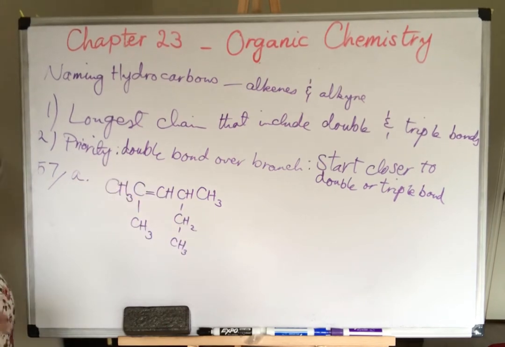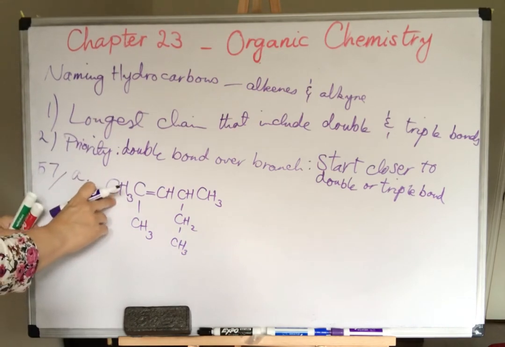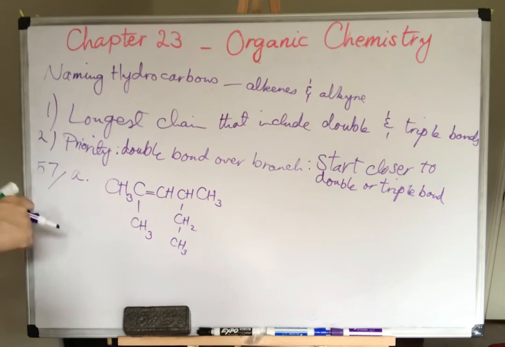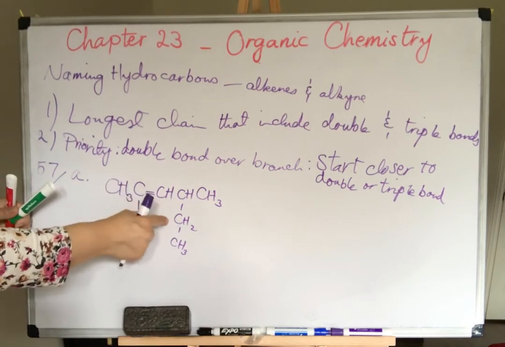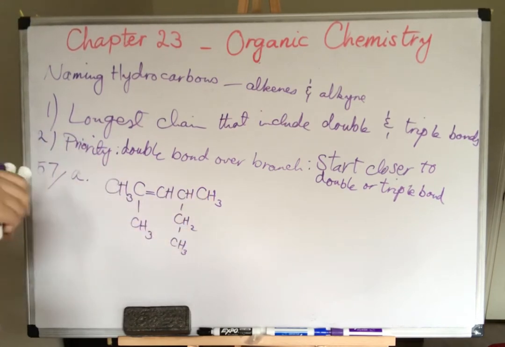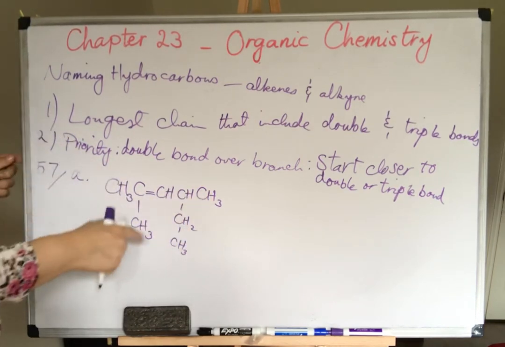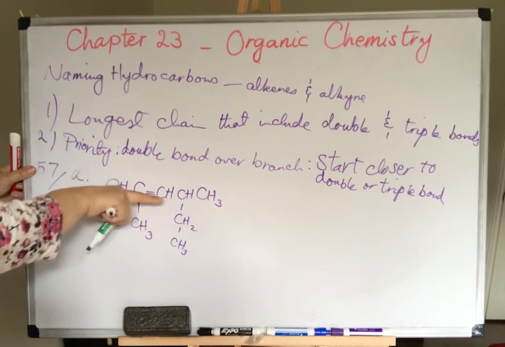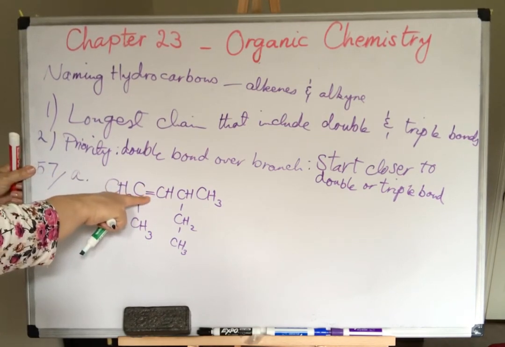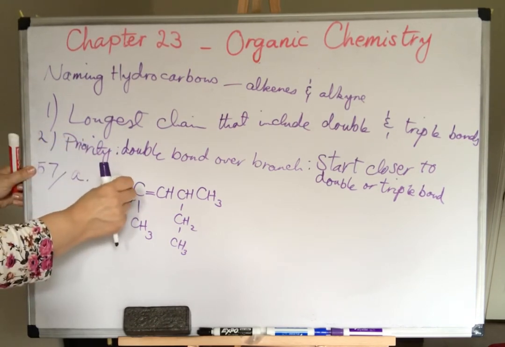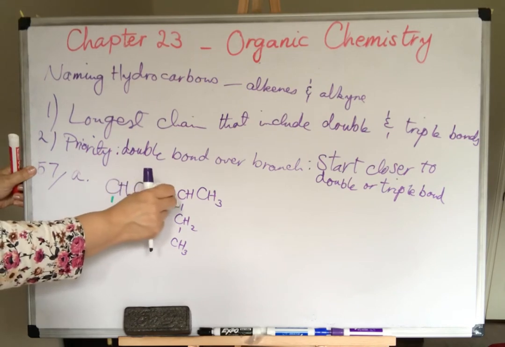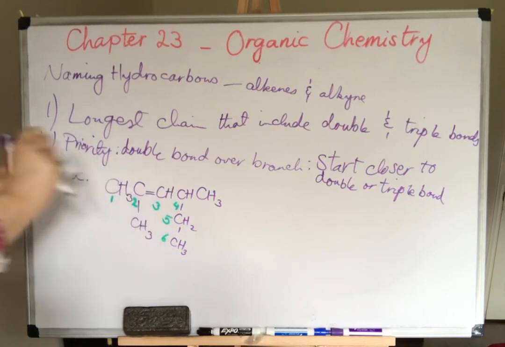So let's determine the longest chain that contains the double bond. If you go with a straight chain, it would be 1, 2, 3, 4, 5. If we go with this chain, non-straight, we'll have 1, 2, 3, 4, 5, 6. I told you the longest chain is not necessarily straight. And going from left to right, we are closer to both the double bond and the branch. So 1, 2, 3, 4, 5, and 6.